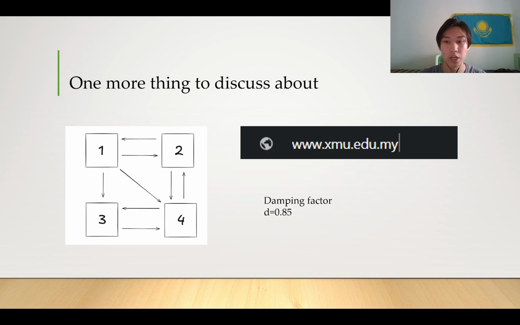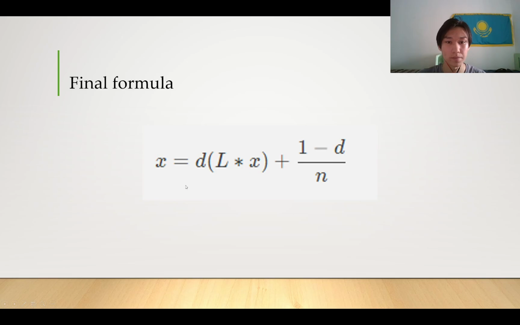Damping factor is the probability of a surfer jumping to pages only by links provided on the pages, and its implementation in the formula will look something like this.